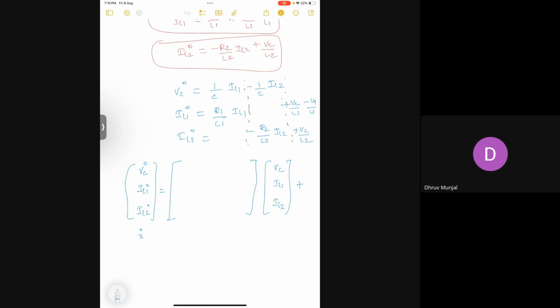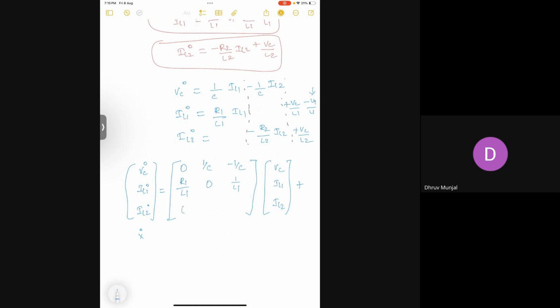Vc, there is no Vc in the first equation, so I'm keeping it 0. 1 by C, minus 1 by C, right? So 0 into Vc, 1 by C IL1, minus 1 by C IL2. The second equation should be R1 by L1, 0, 1 by L1, right? I'm just leaving it here for now. Vi, I'm leaving it, I'm going to write it later.